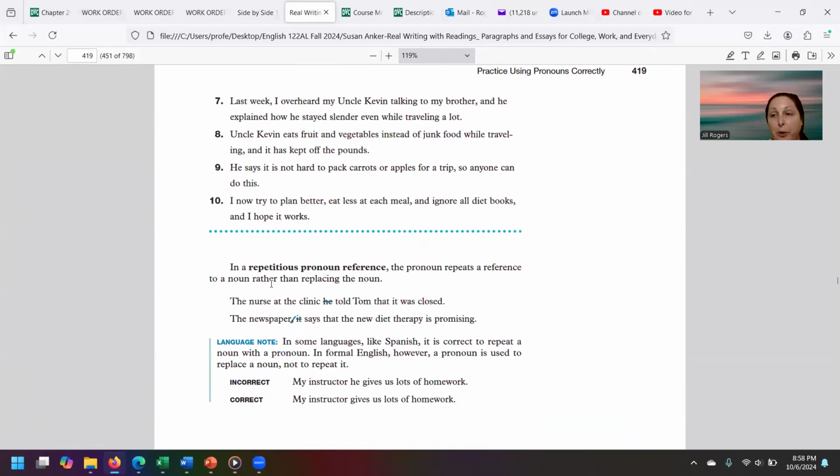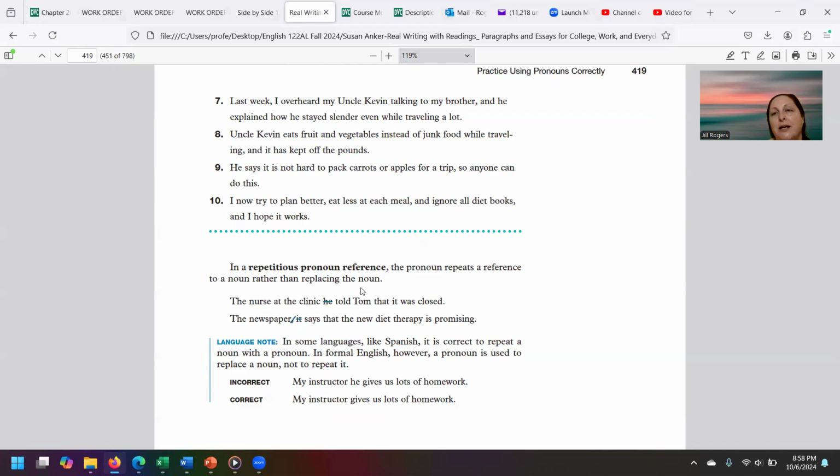Sometimes people put a pronoun when there's already a noun. Don't do that. In a repetitious pronoun reference, the pronoun repeats a reference to a noun rather than replacing the noun. Basically, you say a pronoun when you already have a noun and you don't need to.